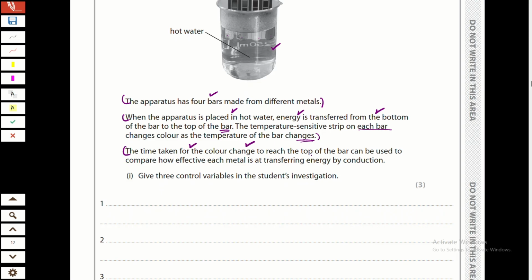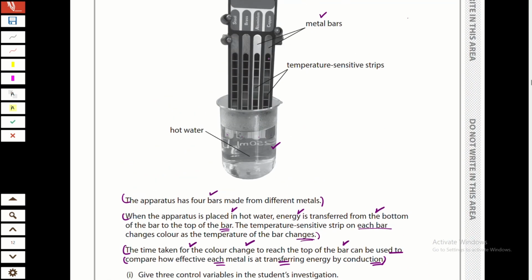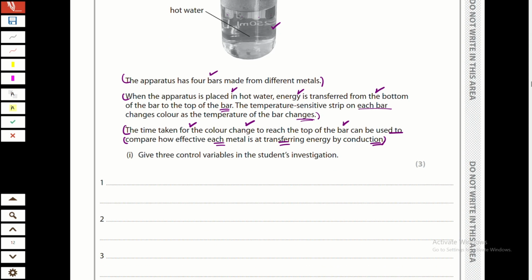Now the time taken for the color change to reach the top of the bar can be used to compare how effective each metal is at transferring energy by conduction, right?